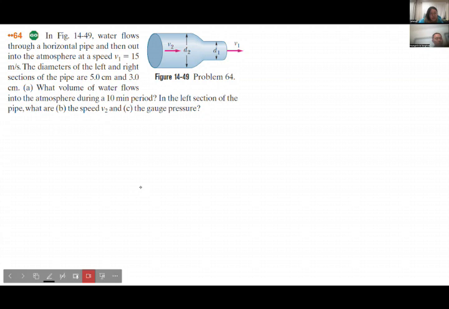In the left section of the pipe, what are the speed, V2, and the gauge pressure?